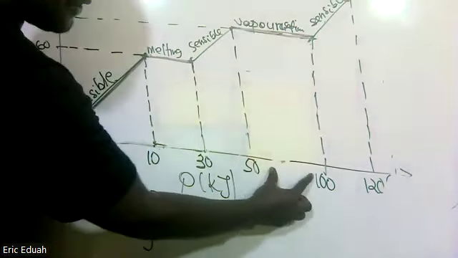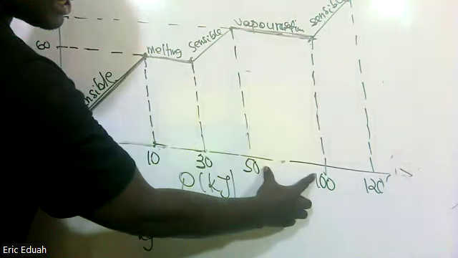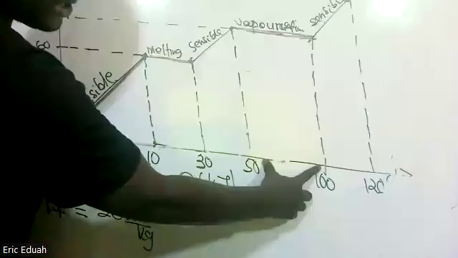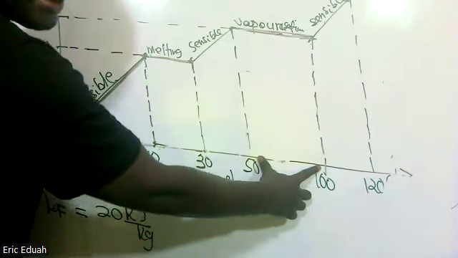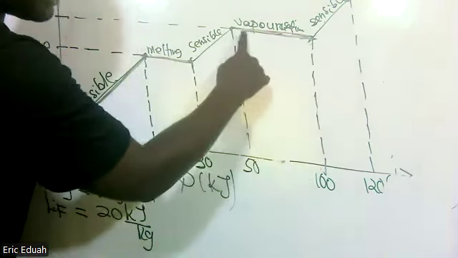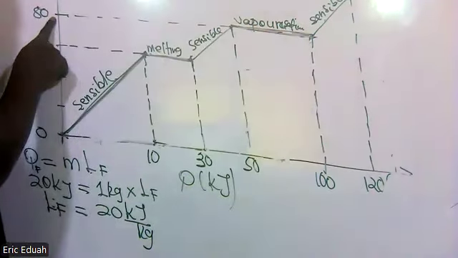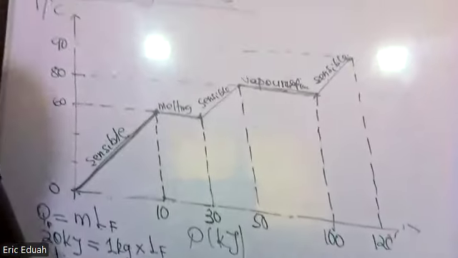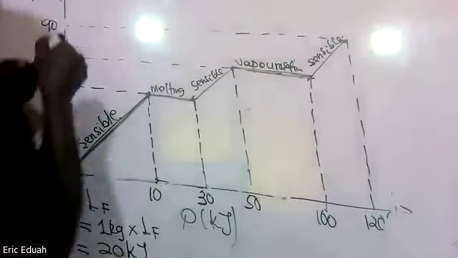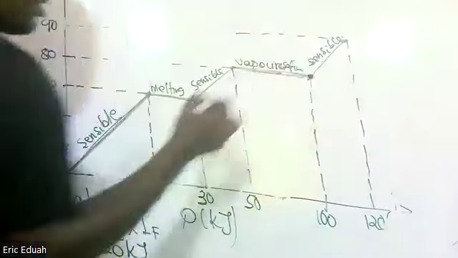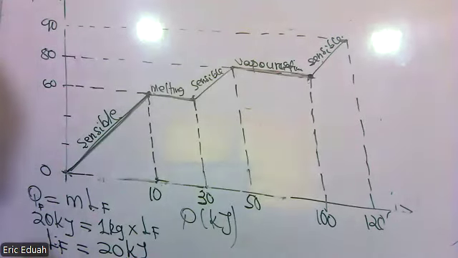Then 50 kilojoules of heat energy is used, okay, to change state from liquid to vapor at that temperature, 80. Then afterwards, over here we have complete vapor.